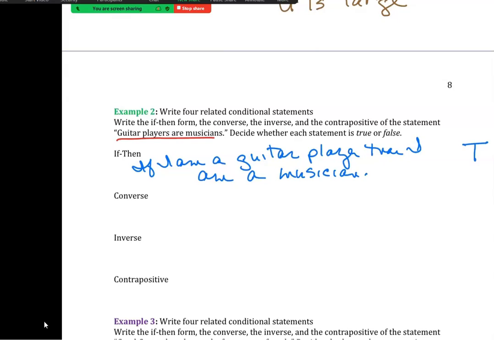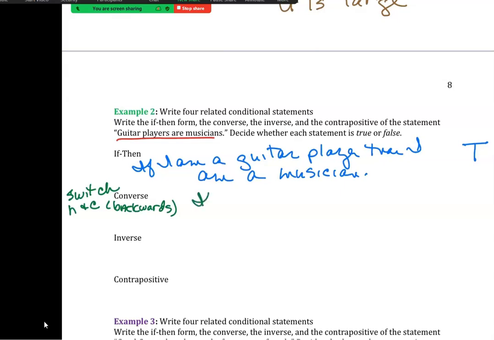Okay. How about the converse? Converse is switch. Switch the hypothesis and the conclusion. So you're going to write it backwards. Okay, like sneakers, Converse sneakers, you can walk backwards. The if-then was, if I am a guitar player, then I am a musician.